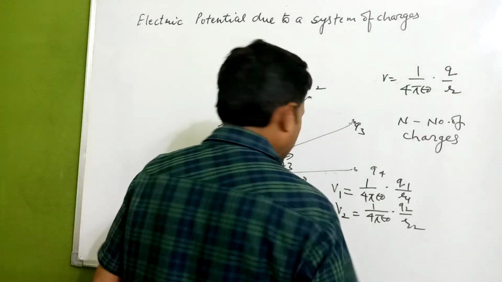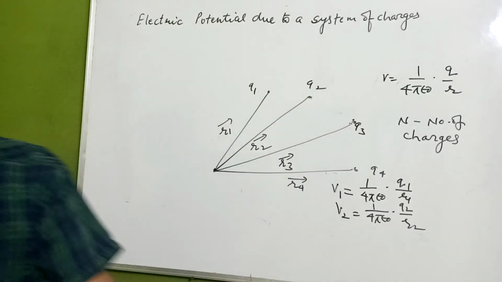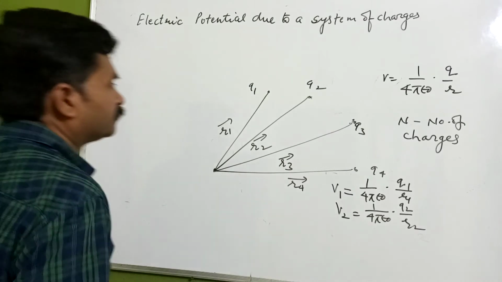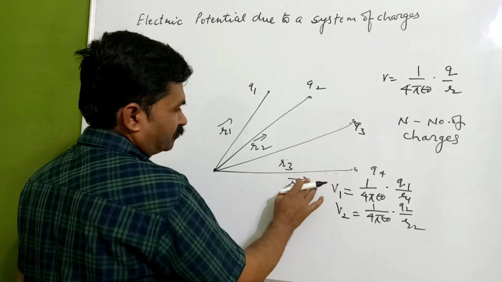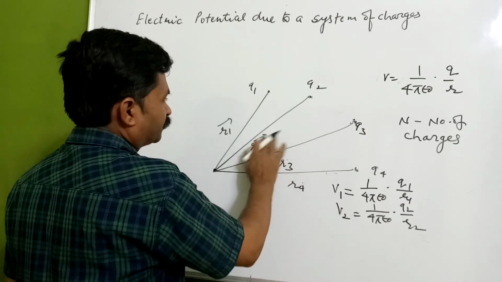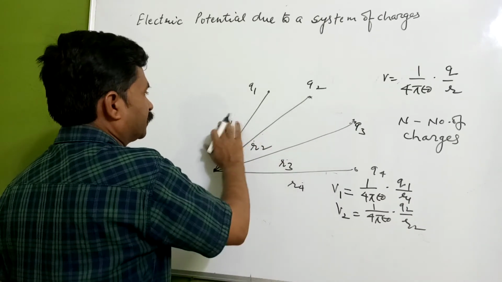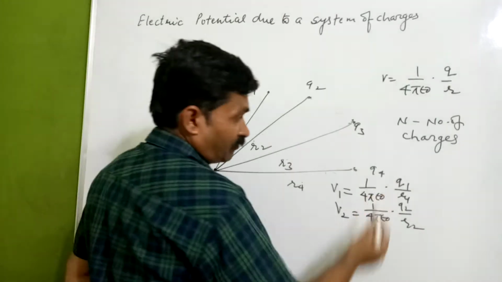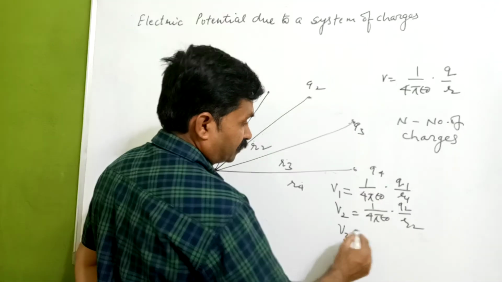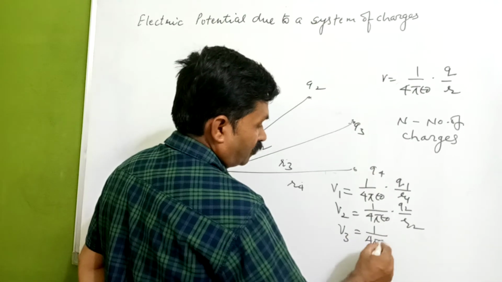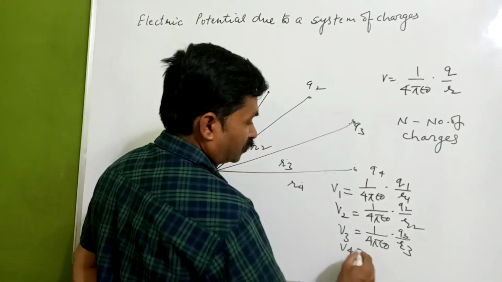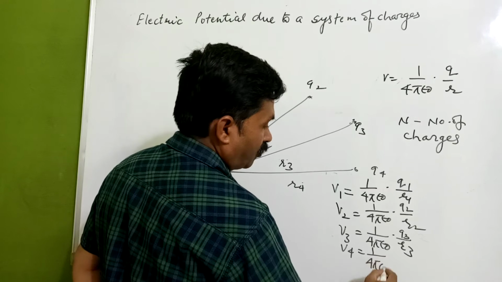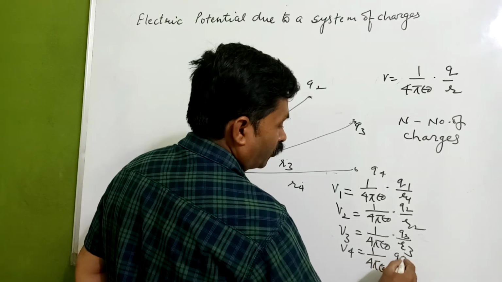I don't need to represent it in R3 here, it will create confusion, so I remove it. So V3 is 1 upon 4 pi epsilon naught into Q3 upon R3, and V4 is 1 upon 4 pi epsilon naught Q4 upon R4.